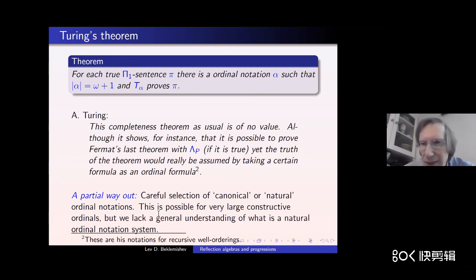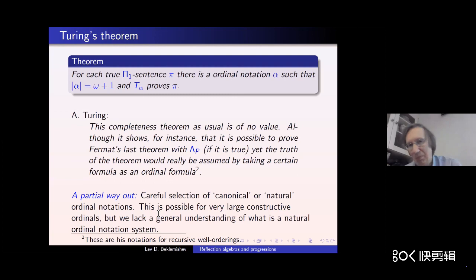Feferman considered iterating full uniform reflection. So in fact, in his work, he took the full uniform reflection schema rather than the restriction to a particular class Phi n as I presented here. But I presume that this difference is not really fundamental.